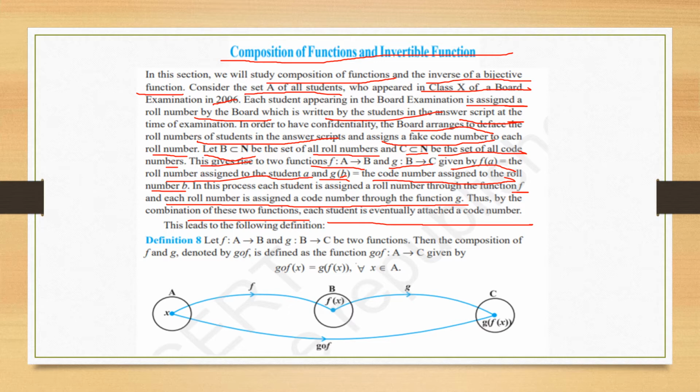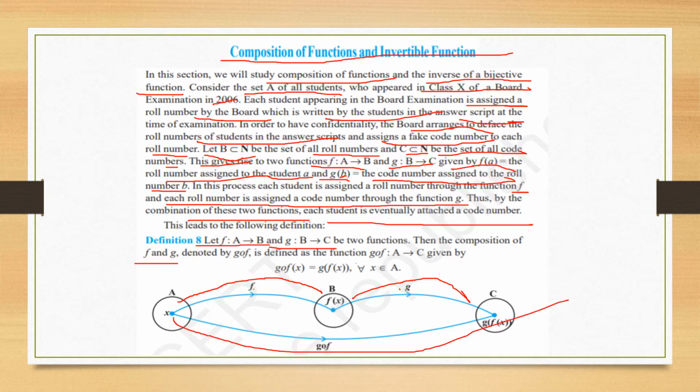So this gives rise to a definition of this kind: if f is a mapping from A to B, and g is a mapping from B to C, then the composition of f and g is denoted by gof.